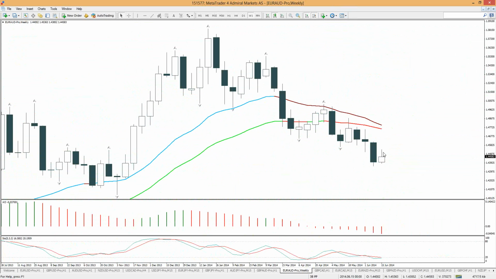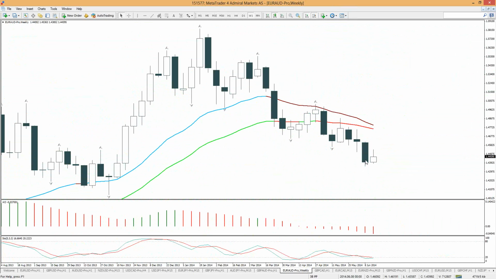You see, what happened is that we got a retracement of last week's bearish candle. So that could be all the upside we could see, really. Euro New Zealand is the same. You can find it. There it is.